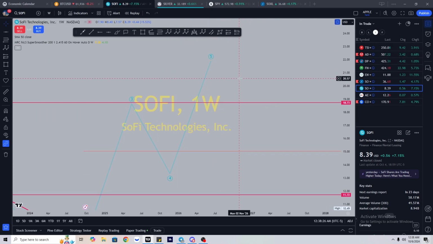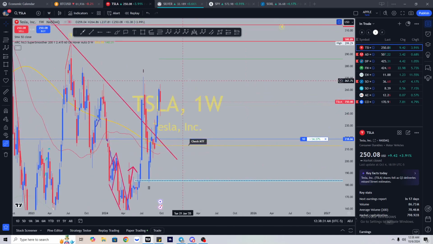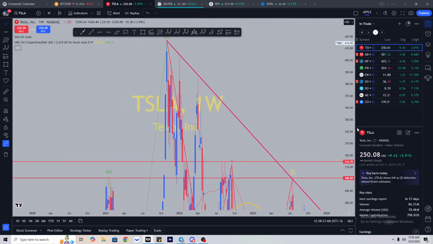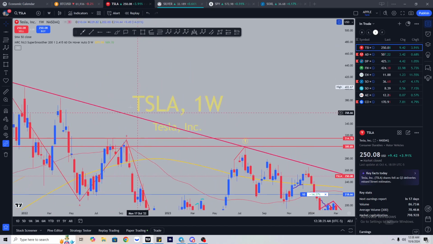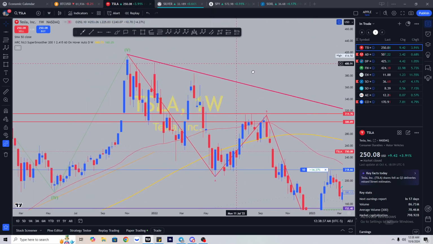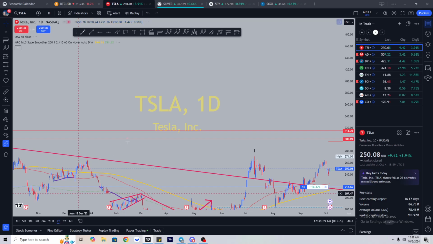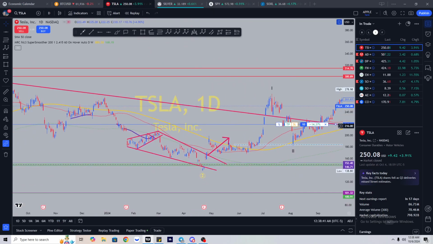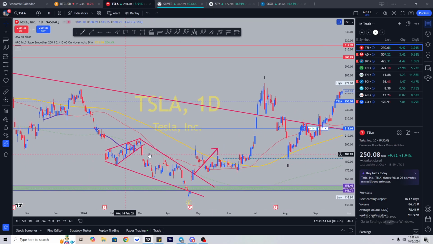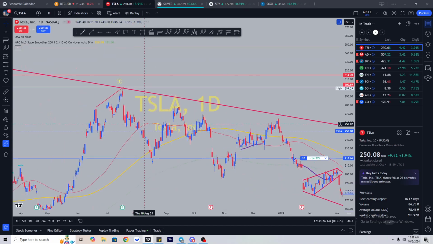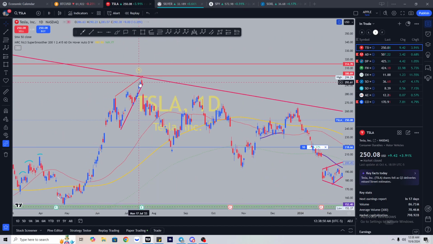I know a stock had that somewhere. Tesla had it on wave 5, I think it was right here. Yeah, it was on the daily. Here's a wedge too, but that's not the one I'm talking about. I'm talking about this one right here, okay? This. Leading diagonal. Top of wave 1, right?